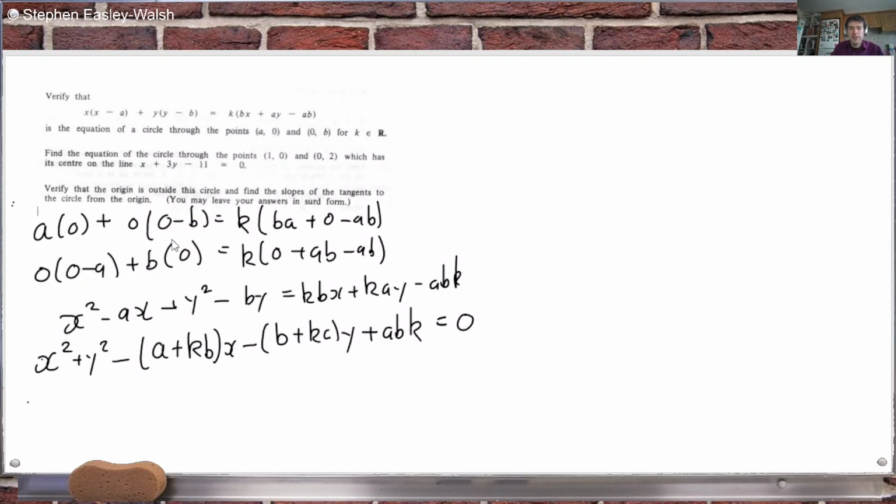Find the equation of the circle through that point and that the line, the centers on that line. So firstly, I'll just sub in this is like the a and this is the b.